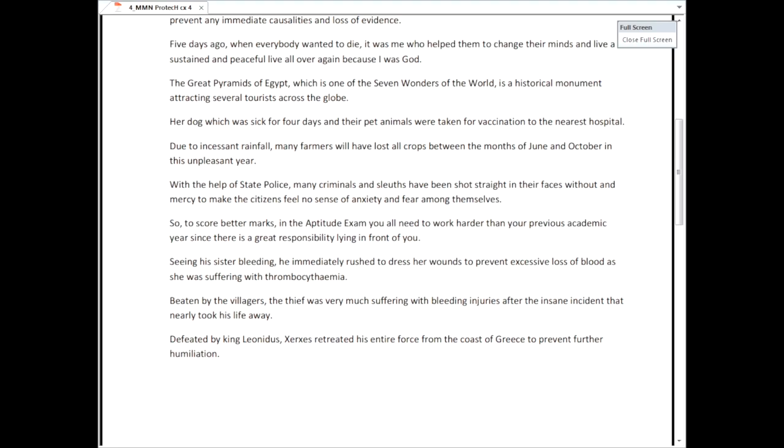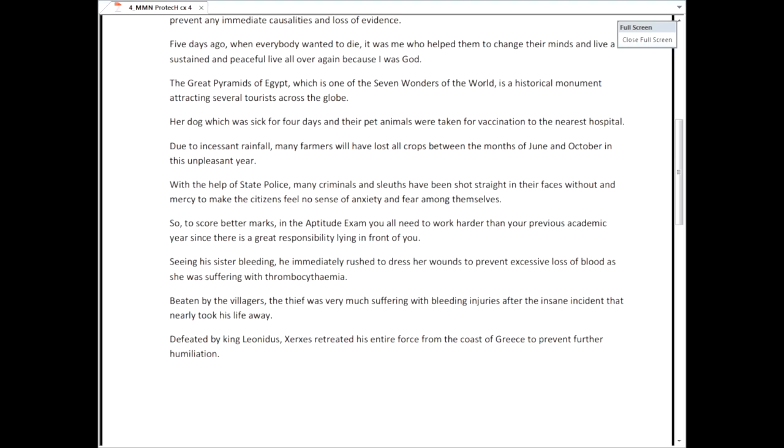"You all need to work harder than your previous academic year." Work harder than what? Than the year. Which year? Than your previous academic year. Got it? Yes. So that is how the segment is.